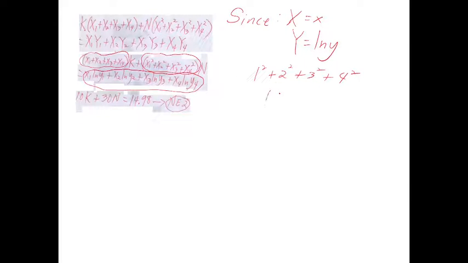Is that 30? This is 5, this is 25. Yes, it's 30. Okay, so that's why 30. Then x1 ln y1 plus x2 ln y2 and so forth. We will obtain 14.98, no?